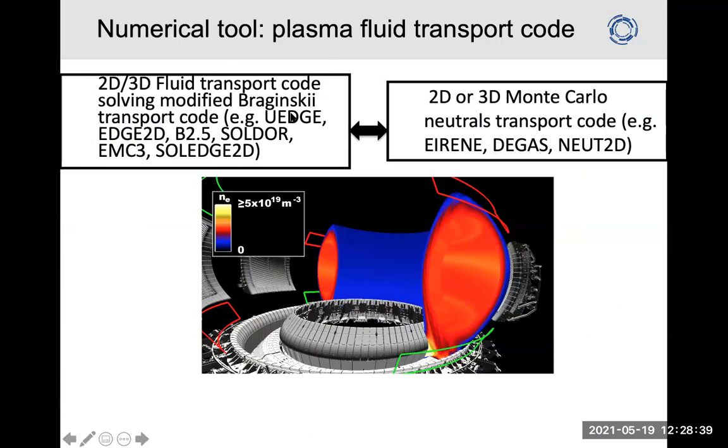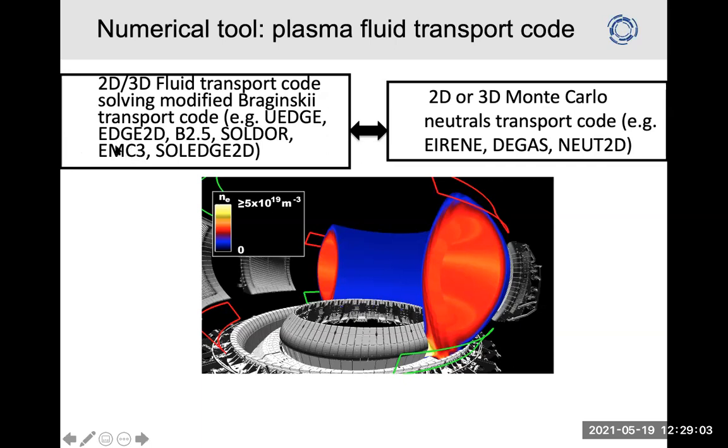And there are various codes that are mostly, so UH is an American code, H2D is a code mostly developed at JET, B2.5 is a code that is developed originally, let's say, in Garching, and now more and more maintained in, well, Garching, Jülich, and at ITER. Solder is a Japanese code.